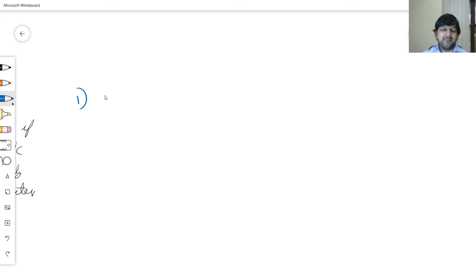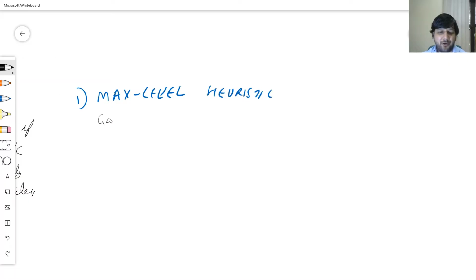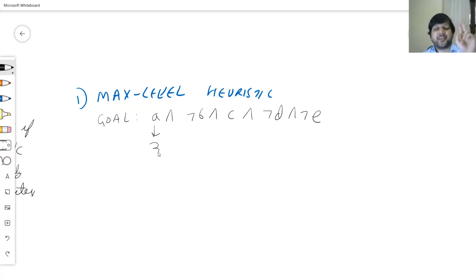So the first heuristic is what is called the max level heuristic. Suppose my goal was A and not B and C and not D and not E. I say the first level at which A is to be found in my planning graph is 3.